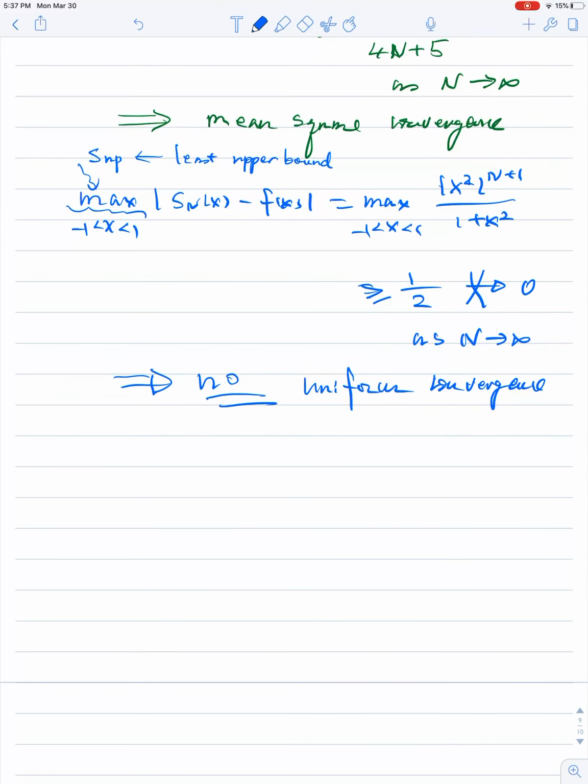All right, now let's come back to the Fourier series, and then the generalized Fourier series. Now, the main theorem that we have here is this. So this is the generalized Fourier series.